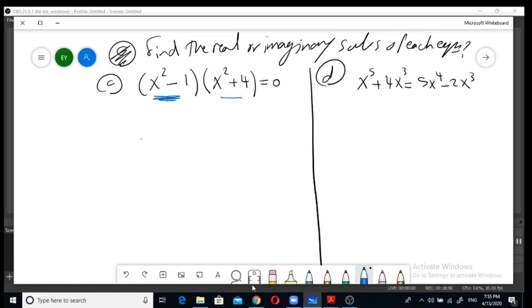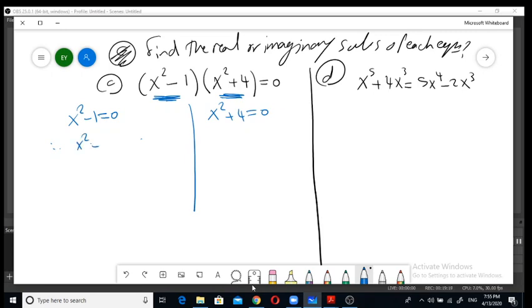We have two quadratic binomials. So first, we have to divide this problem. x squared minus 1 is equal to 0 and x squared plus 4 equals 0. Then we are going to add plus 1 to each side.